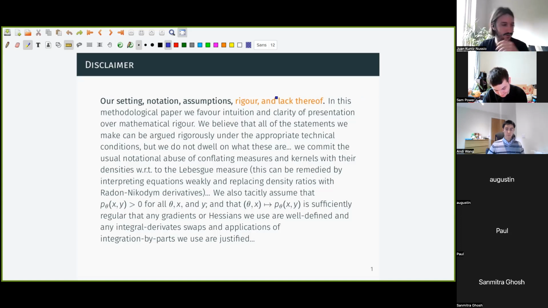It's up to integrability assumptions and so on. If you want, there's this blurb in the paper explaining all the places that we were not rigorous. There's a flip side to this though, because Adam and I have set the bar so low in this respect, there's loads of room for people to do nice theory here. So if that might be anyone's cup of tea, please do let me know.